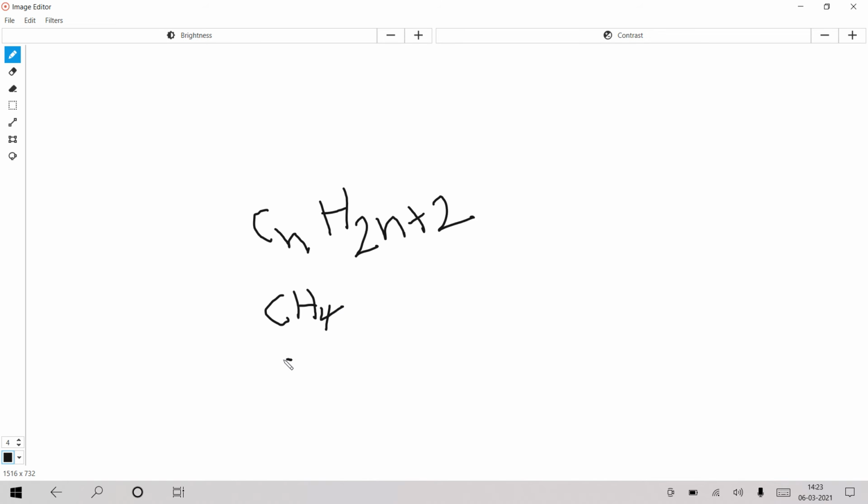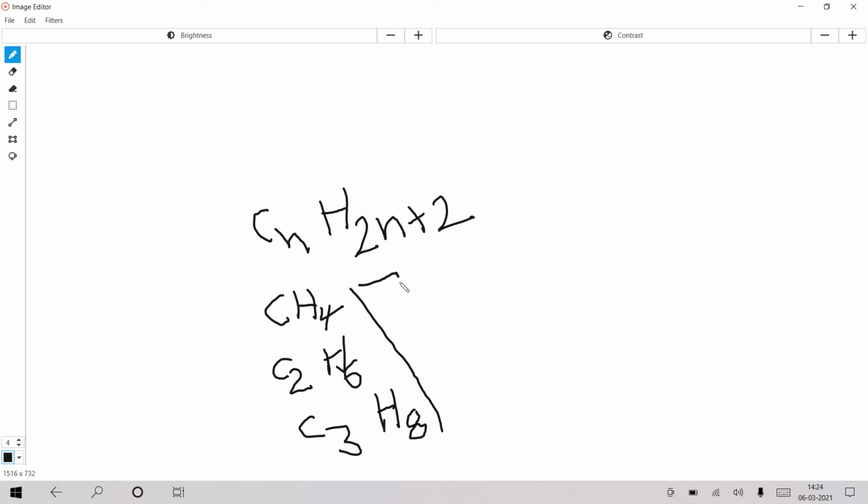If n equal to 2, then hydrogens will be 6 as per this formula, 2 times 2 plus 2, 6. And if n is 3, then you will have C3 and H, 6 plus 2, 8. C3H8. So like this, you will be getting a series of alkanes.